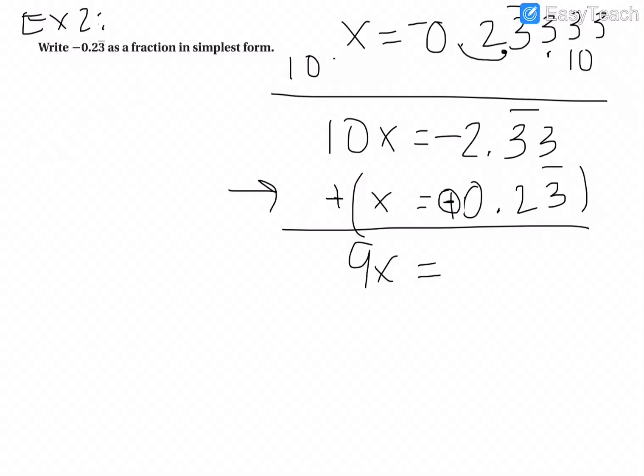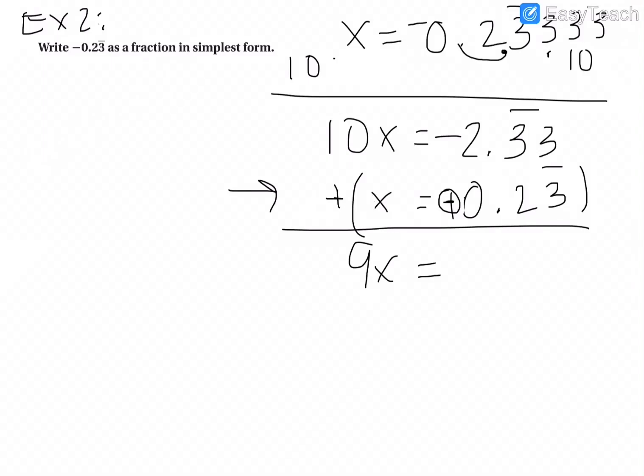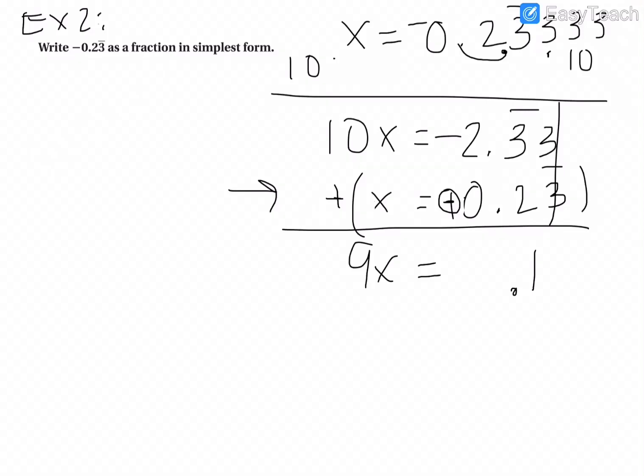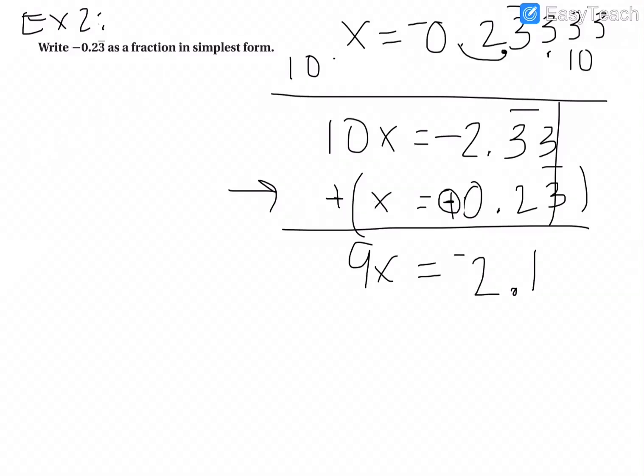We are still subtracting since we have 1 negative and 1 positive. Okay, so that's gone. 3 minus 2 is going to give us 1, and then 2 minus 0 is going to give us 2, and we're keeping the sign of the bigger one. So this is negative 2 1/10.